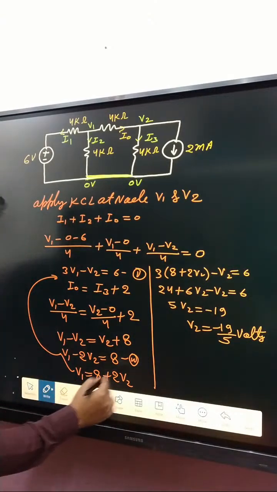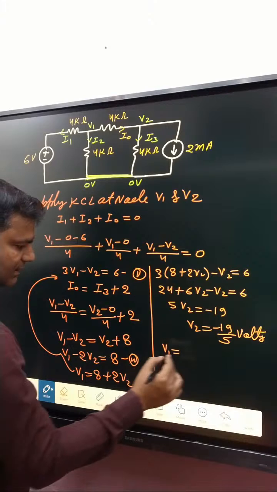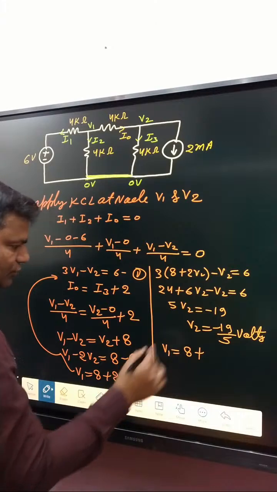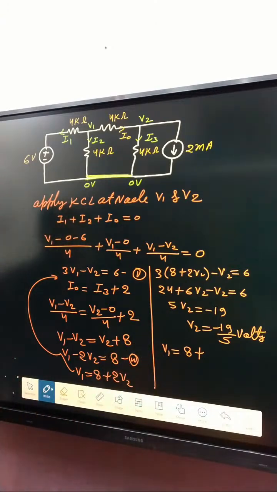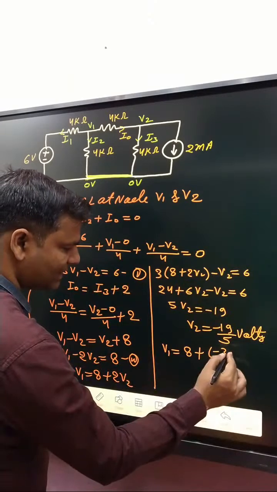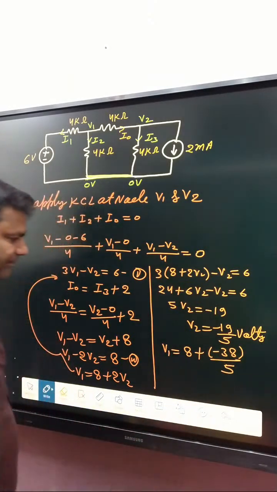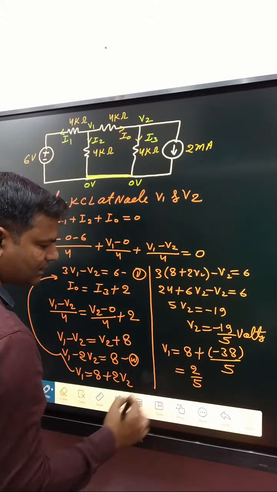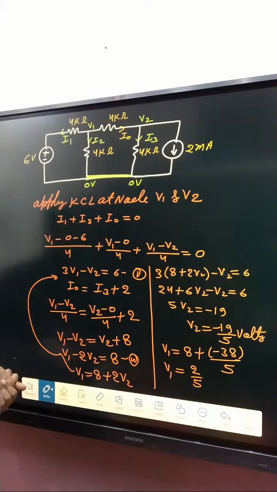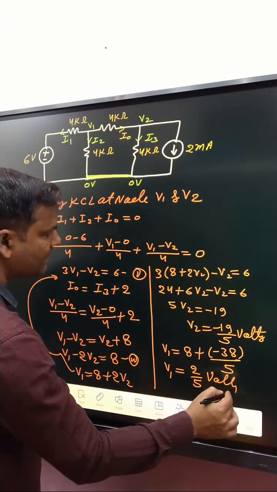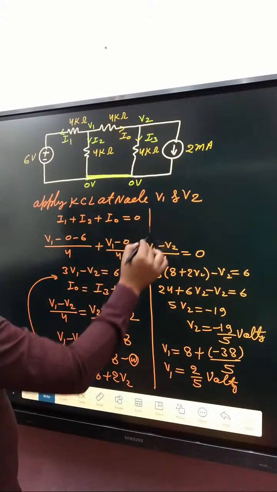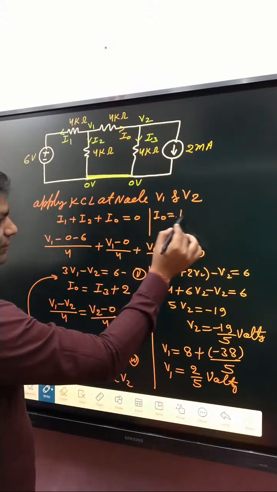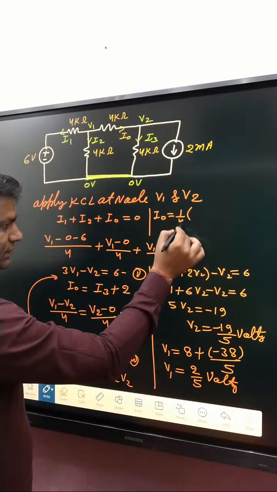After that, put that value in V1. V1 is 8 plus 2 into minus 19 by 5, which is minus 38 by 5. So we get 2 divided by 5. V1 is 2 divided by 5 volt. So what about I0? I0 is V1 minus V2 by 4, so 1 by 4 times (V1 minus V2).